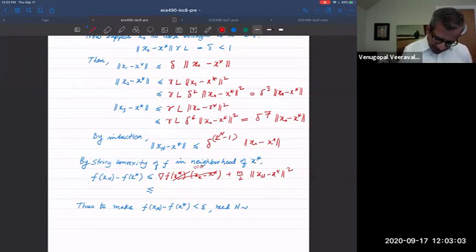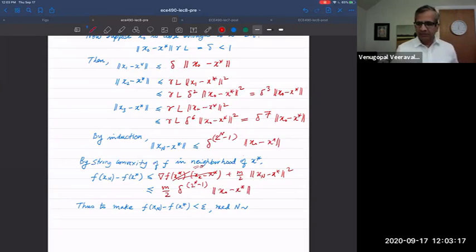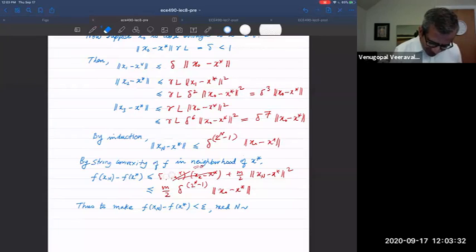This is m over 2 times delta to the 2 to the n minus 1 times x0 minus x star squared. Oh, wait, I'm squaring things, so let me be a little more careful here. First of all, let me erase this, because that goes away, and then I'll have a little more room to write this down carefully.